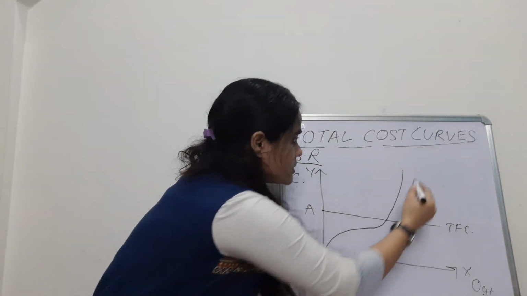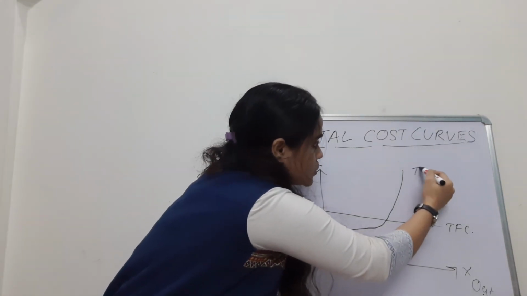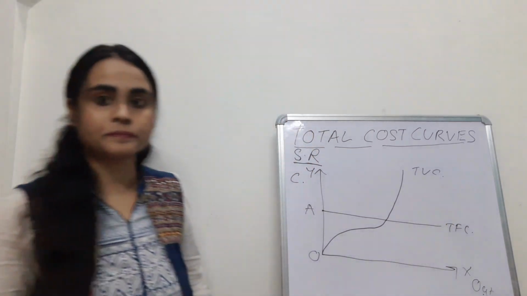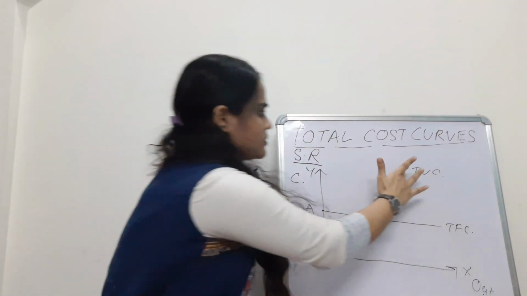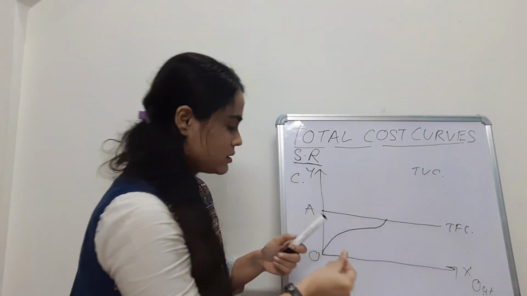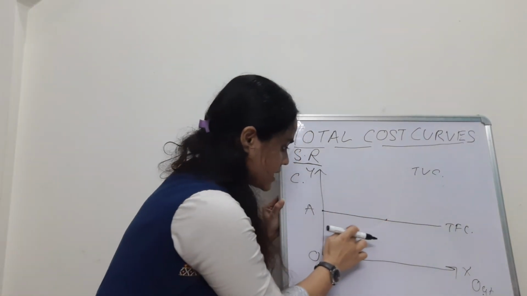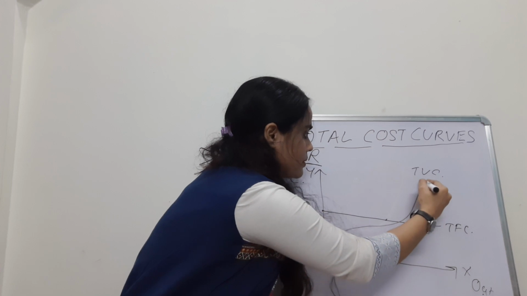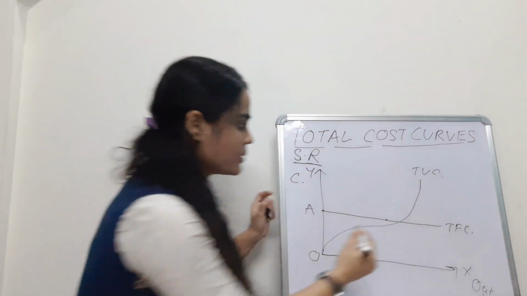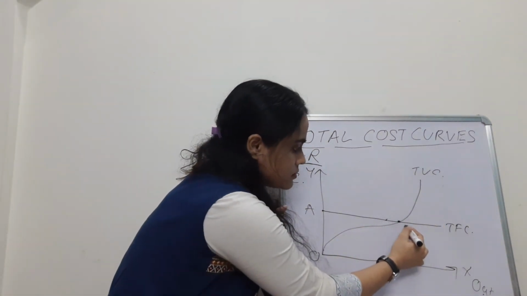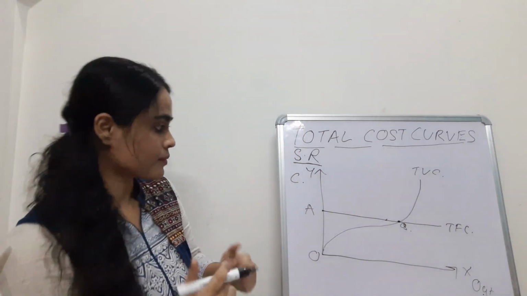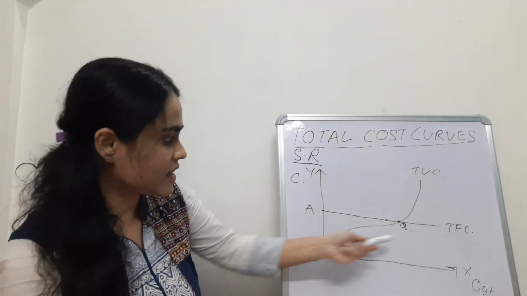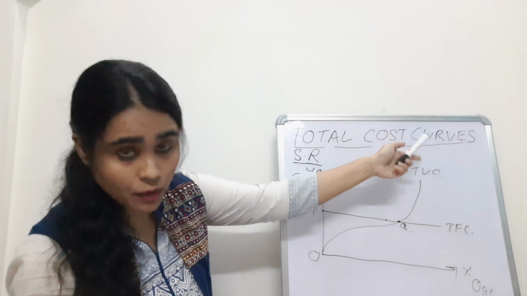So here this will be the total variable cost. Okay, let's say this common point is Q. So it is concave downward, then it is concave upward.